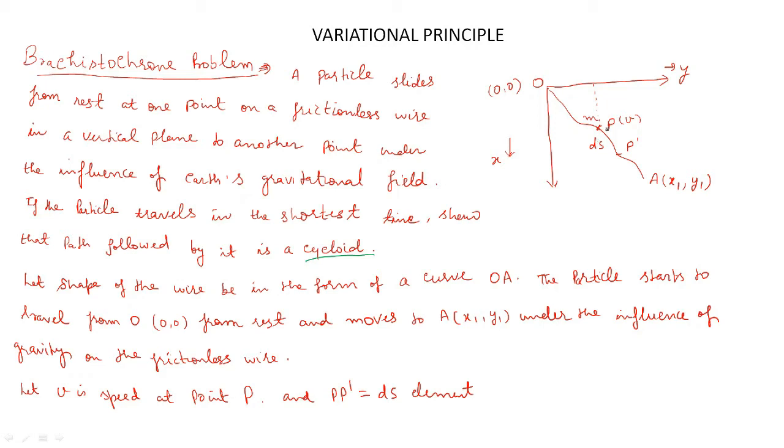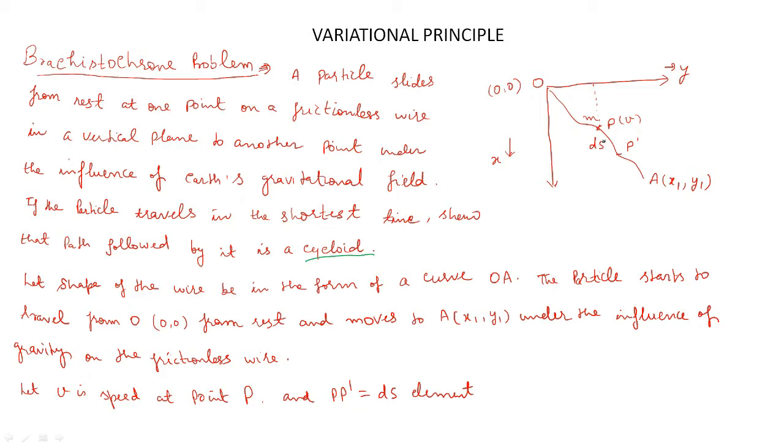Let us say at point P the velocity of the particle is v, and from P to P dash it travels with this velocity, and let us say PP dash is equal to ds. So we can find the time taken by the particle when it travels from P to P dash, which is a distance ds with velocity v.